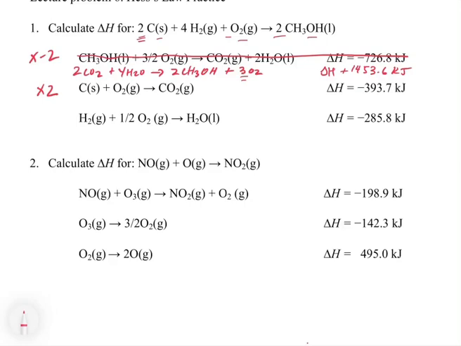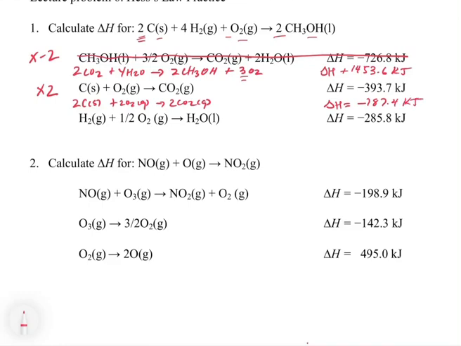And in none of these other stepwise reactions is there a carbon. So when I do that, I get 2 carbon solid plus 2 O2 gas goes to 2 CO2 gas. And so my delta H here is going to be 2 times that answer, which is going to be -787.0 — sorry, I just had to check my notes — 0.4 kilojoules.